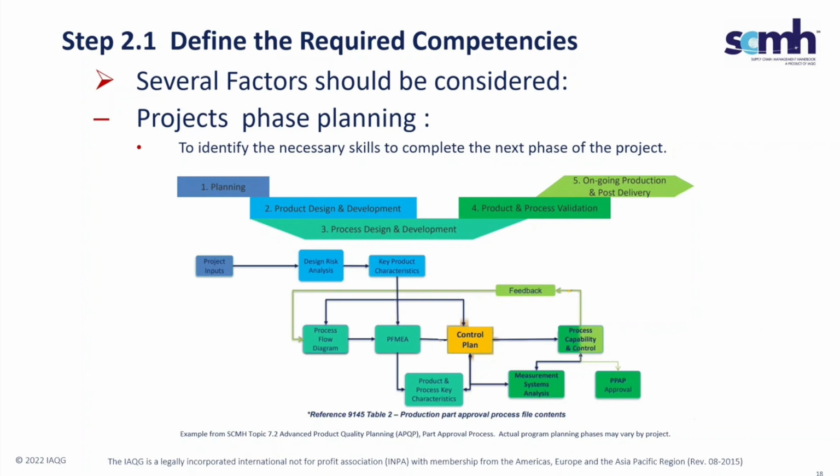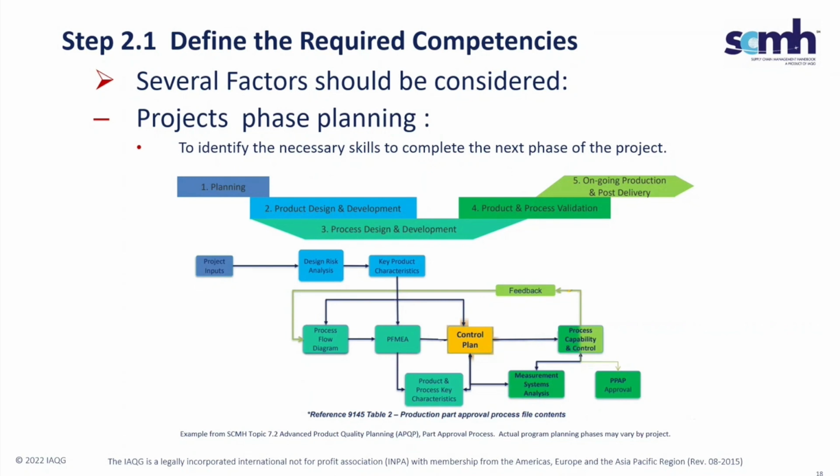So after performing such an assessment, the second step to proactive management is to define the required competencies. For that, we suggest to consider the project phase planning. Indeed, here we have the IAQG process with its 5 phases.